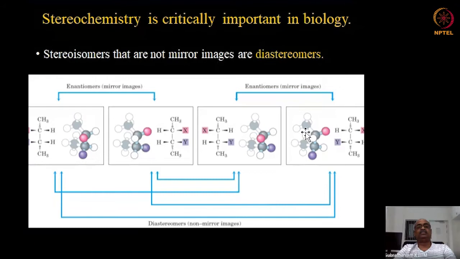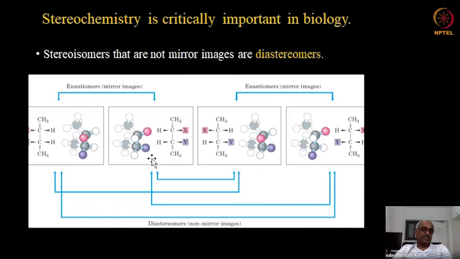This and this, like the first and the third, are not mirror images, although they have the same constituents but different arrangements. Here X and Y are attached to different sides of the two carbon atoms, while here one is the mirror image of the other. So these two are enantiomers, these two are enantiomers, but these are diastereoisomers.